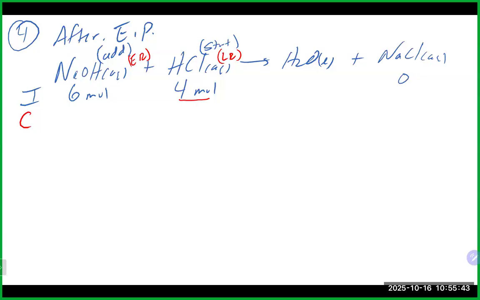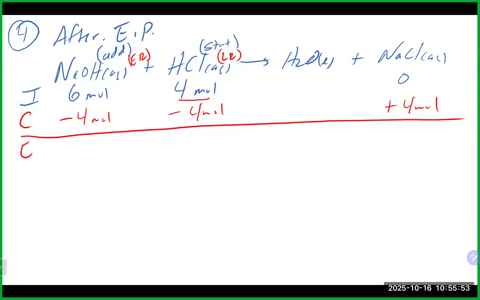It's going to get used up first in this case. So 4 moles. 4 moles. Again, remember, you cannot have a negative number, so don't choose the bigger number. And that means we're going to end up with 2 moles, 0, and 4 moles in this case. Once again here, we're going to convert back to molarity. So we'll do our total volume division here and get our molarity back.